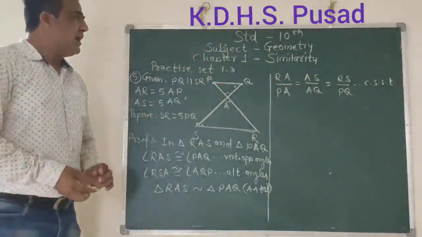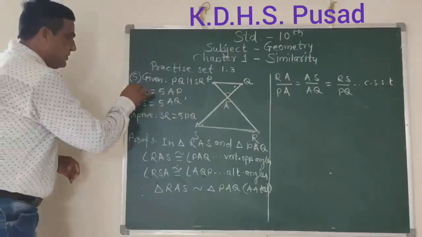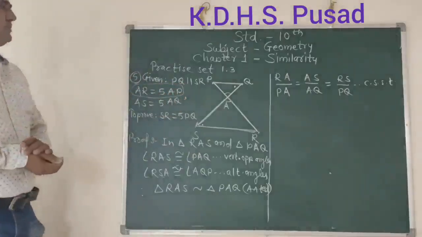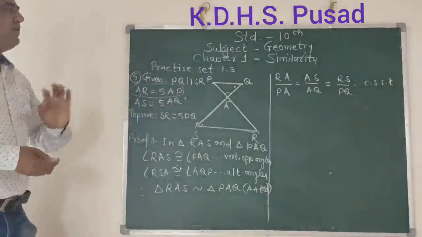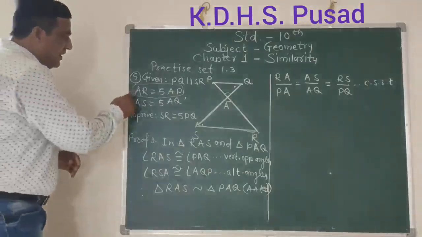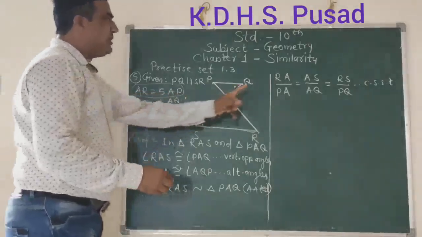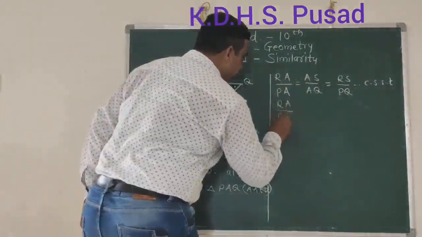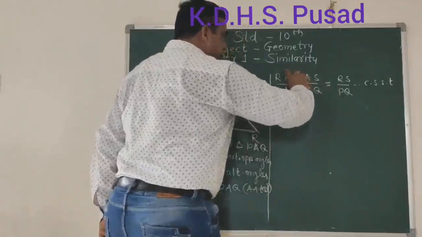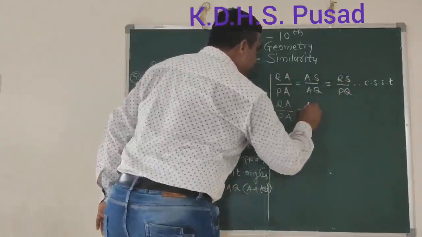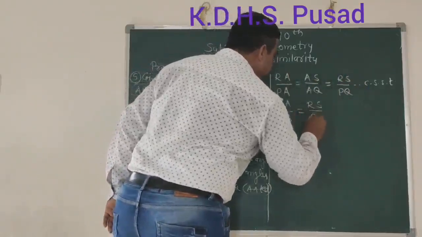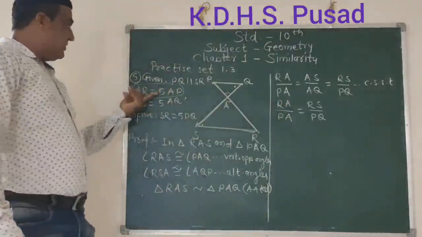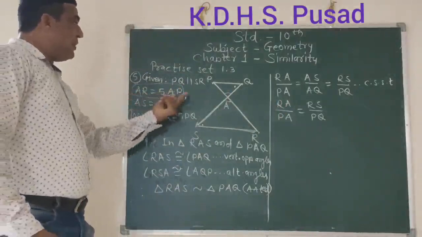That we have cleared. Now check your given portion. If we put down the value of RA, 5 AP. Here we consider the first ratio equal to RS by PQ. Now I am putting the value of RA from here. RA equals 5 times AP.